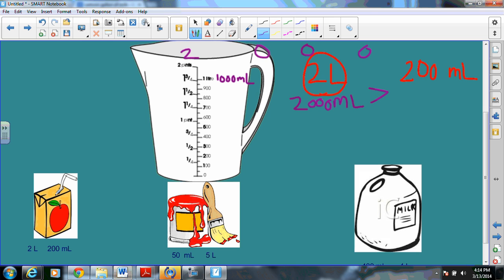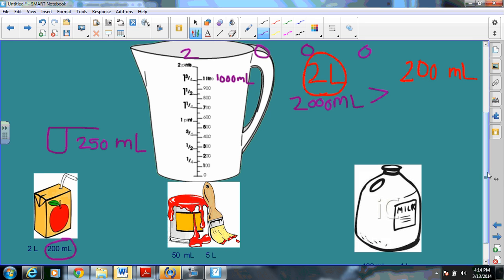If you said no, you're probably right. So therefore, I have to think that this juice box would hold about 200 milliliters. And by the way, a regular cup, like cups, gallons, pints, a cup holds 250 milliliters. So this is about right, this juice box holding about 200 milliliters.